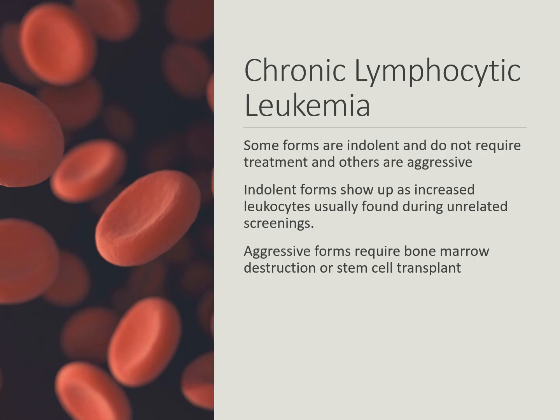It's characterized by significant lymphadenopathy and hepatosplenomegaly, so an enlarged liver and spleen. They experience signs and symptoms like fever and abdominal pain, significant weight loss. They also get progressive anemia and thrombocytopenia, and they have a really rapid and significant rise in their lymphocyte counts.